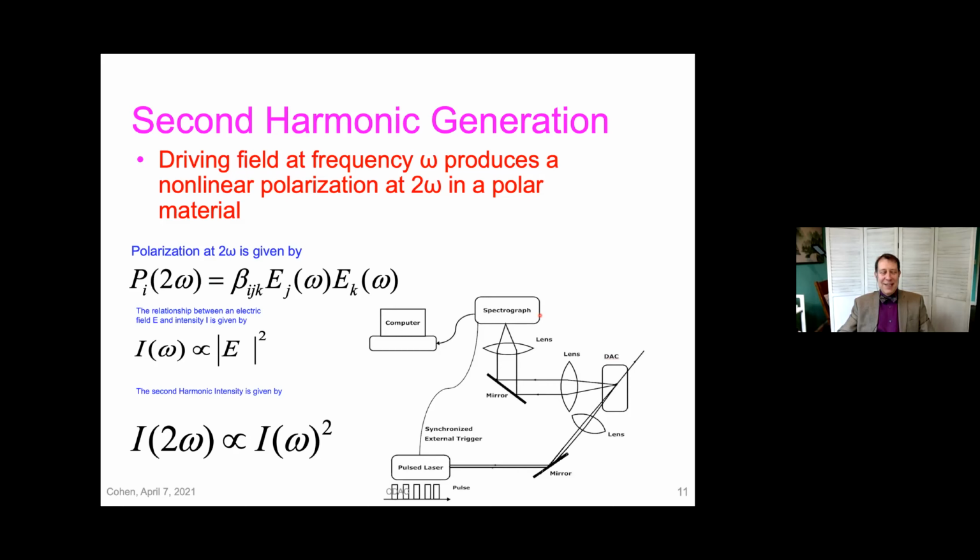It's interesting, I was just refreshing my memory about second harmonic generation and reading a Wikipedia article today, and I had not remembered this, that when the original paper was published on second harmonic generation observed in quartz, which was shortly after the discovery of the laser and development of the infrared laser, there was a spot on the photograph that showed that they had the second harmonic being generated.